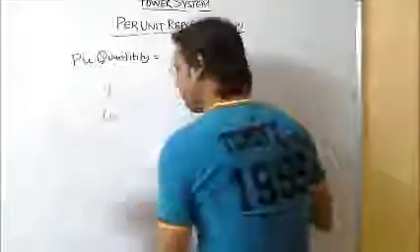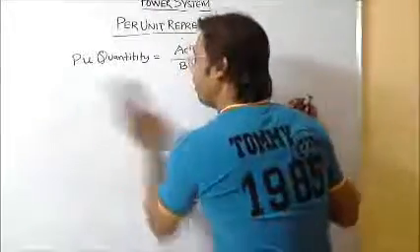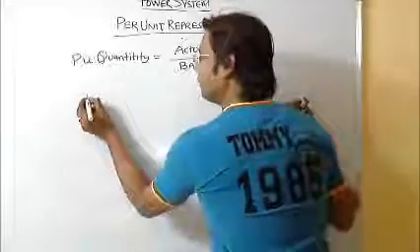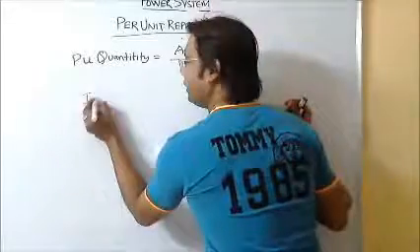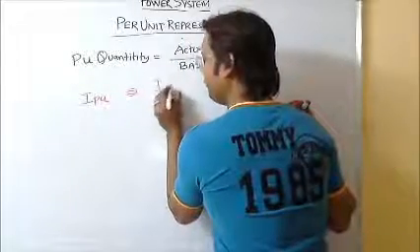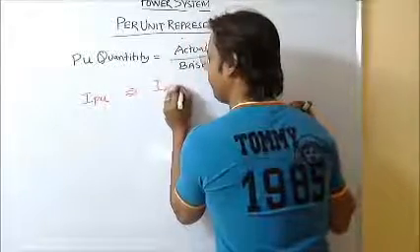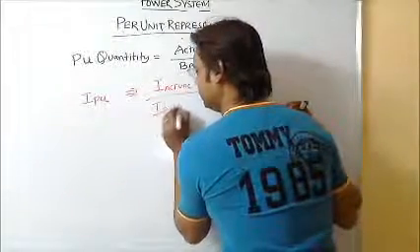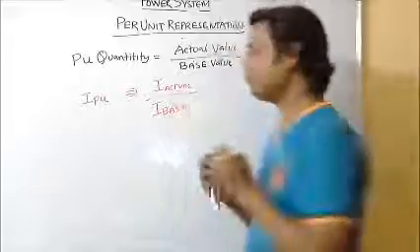So I per unit would be I actual value divided by I base value.